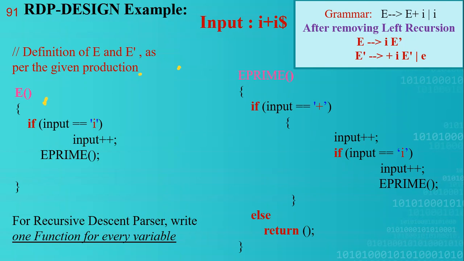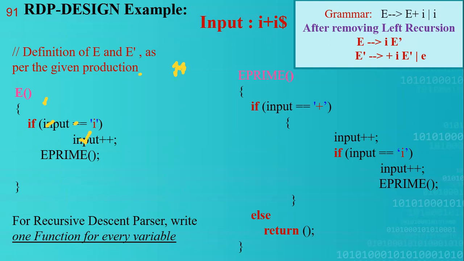First we will check whether the input is equal to I. The input string's first symbol is I, so the match occurs. Since it is a match, the pointer will be moved to the second location. Next, we have the function call to E prime.